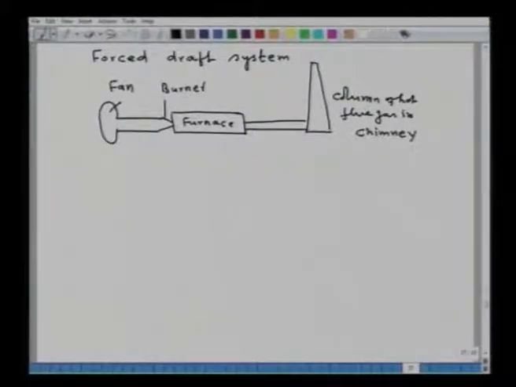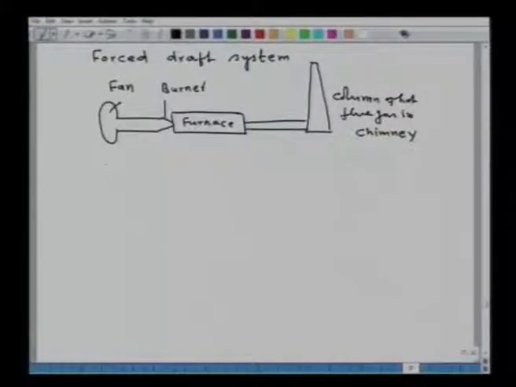So, what you are doing here, you are supplying now air through the burner. So, here higher pressures in the furnace can be achieved, high pressure drops are possible. Now, be careful, because in this forced draft system the furnace operates at pressure slightly greater than the atmospheric pressure.